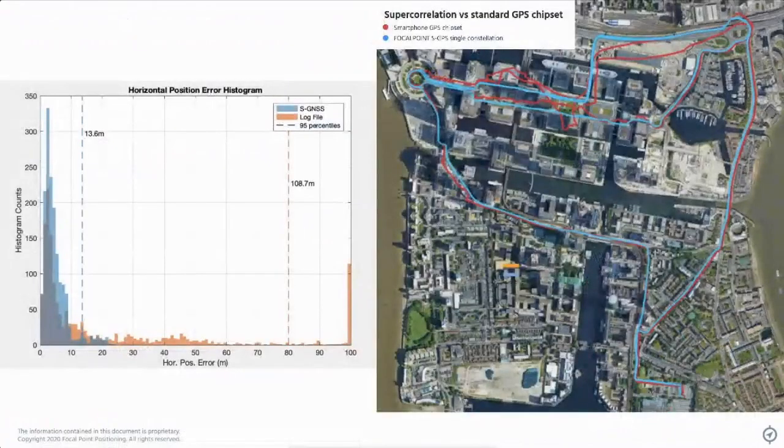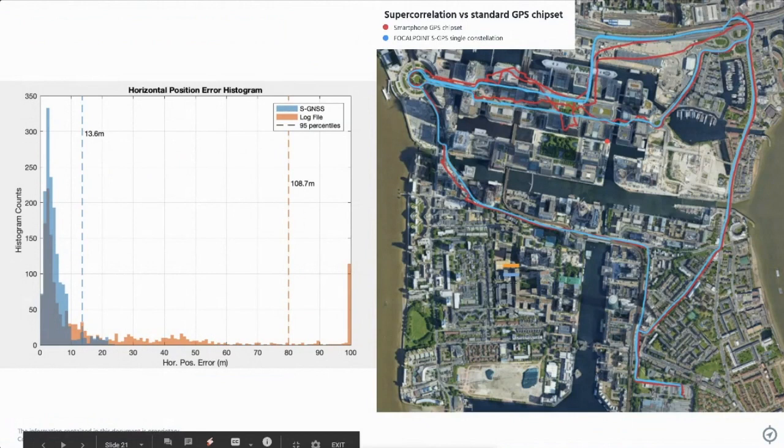So here's some data from driving around. This is London. Canary Wharf is the most skyscraper-dense part of London. And this is driving around with GPS L1 only positioning, with normal processing shown in red and our SGPS supercorrelation technology shown in blue.